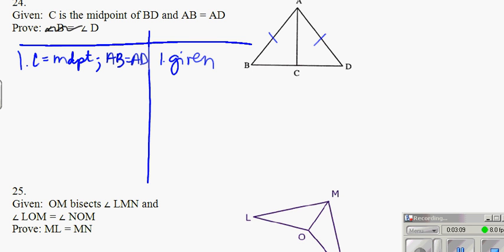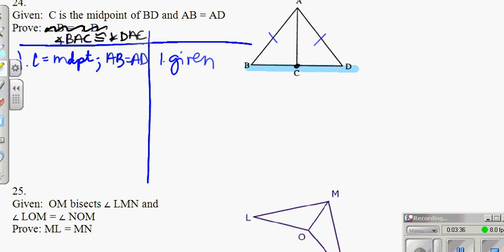This one also has a typo, and we are going to change our proof to angle BAC is congruent to angle DAC. The way it was, we were done by the isosceles triangle theorem, which is no fun. So AB equals AD, that's given to us. And I'm also given that C is the midpoint of BD. And what that tells me, by definition of midpoint, is that those two are equal.